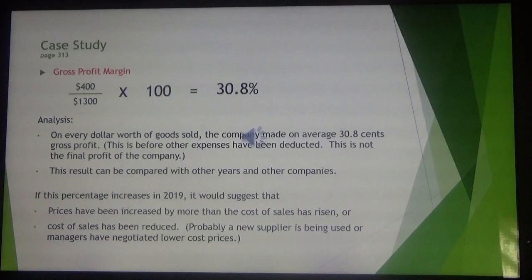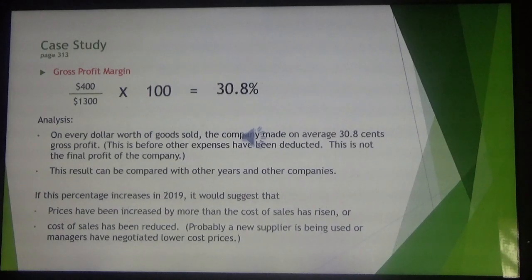The revenue was $1,300 million, and we shall use this formula to come up with 30.8%. Now the analysis to this figure is that on every dollar worth of goods sold, the company made on average 30.8 cents gross profit.